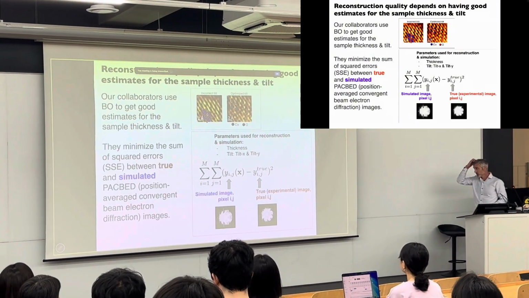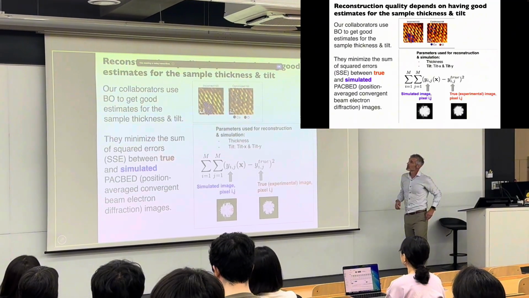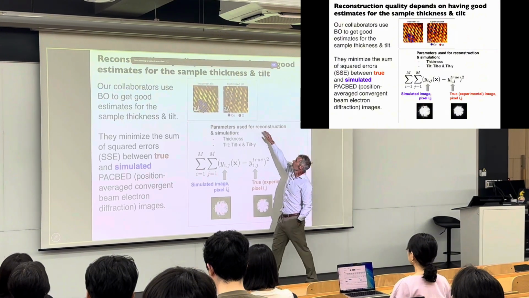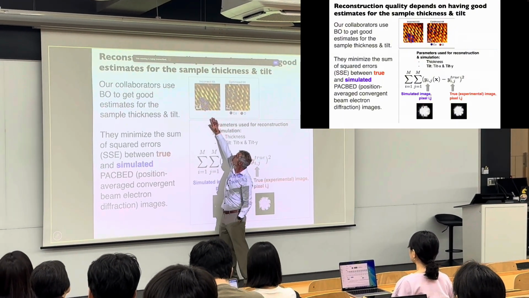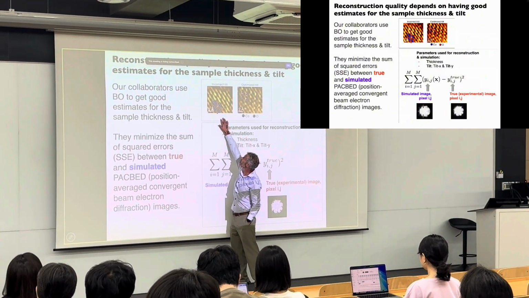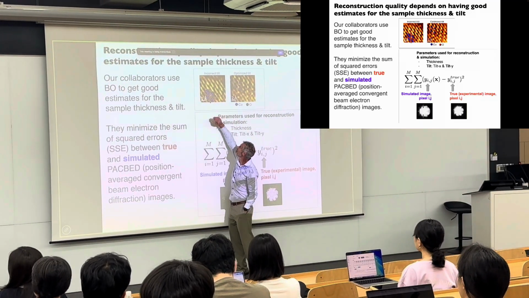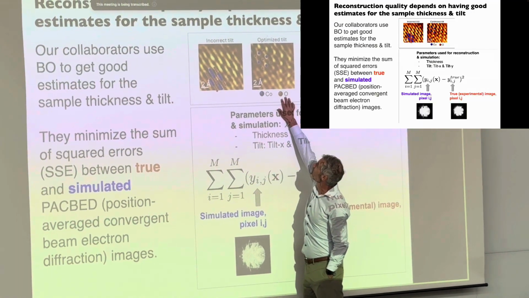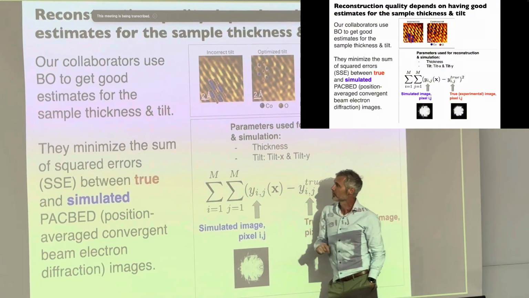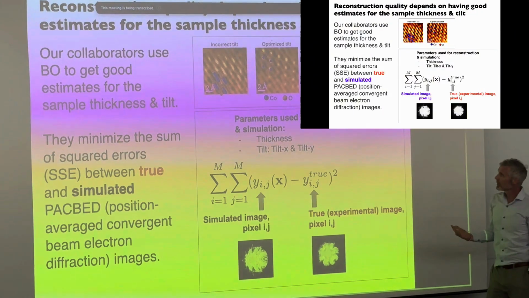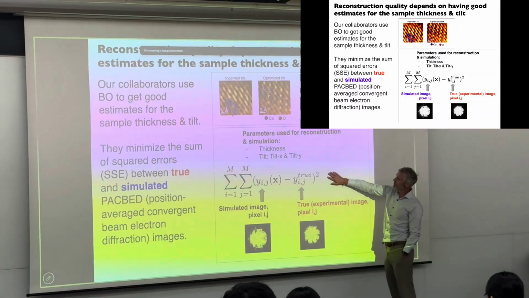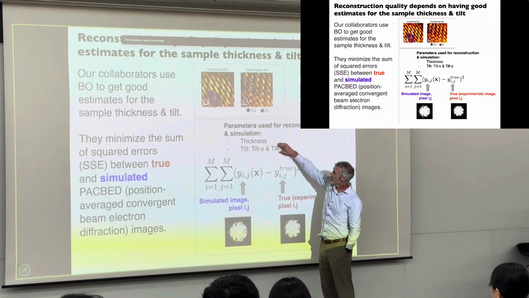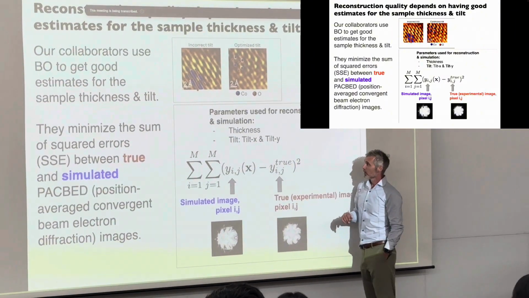So what they want to do is solve this optimization problem. Up here you see an example of what the image looks like. This is what a reconstructed material looks like if you use the incorrect tilt, and then you get a more accurate estimate when you use the correct tilt. The way they get the tilt is they solve this optimization problem where x is 3 dimensions: the thickness, the tilt x, and the tilt y.